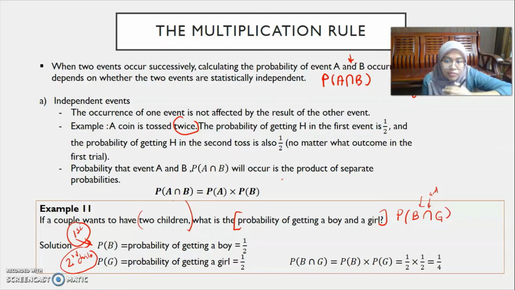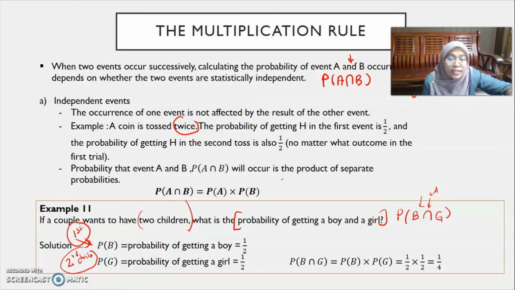Because for the second event, it does not depend on the outcome of the first trial. So the probability of getting a girl for the second trial is also 1/2. Even if, let's say, in the first trial the couple got a girl, the probability of getting a girl is of course 1/2.